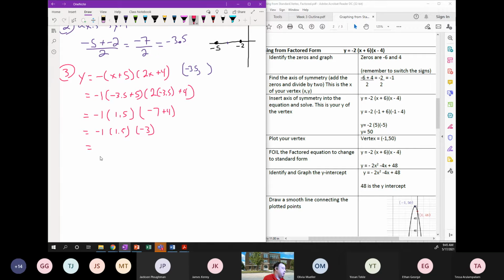Then I can multiply all these together. -1 times 1.5 times -3 is 4.5. There is my vertex.